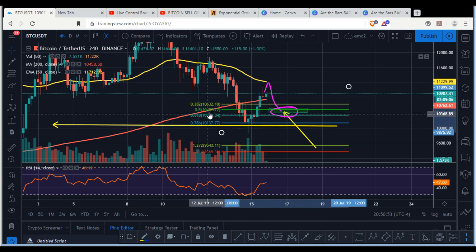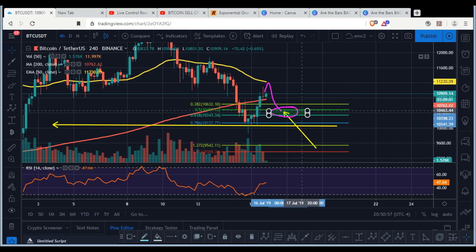Let's just round it up to 10.3 to 10.5, because some people are very meticulous. They like to buy the exact number. When you say 10.3, they're going to put a buy order at 10.3. It is not financial advice.